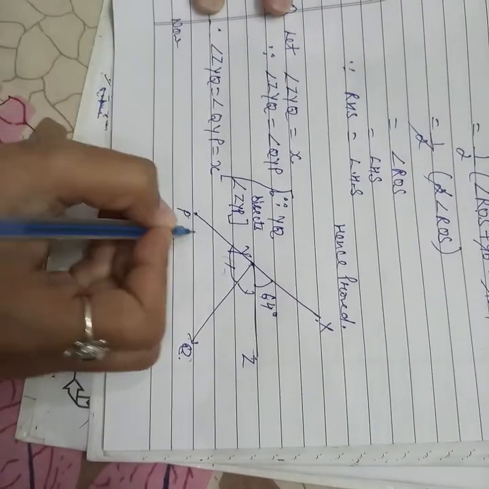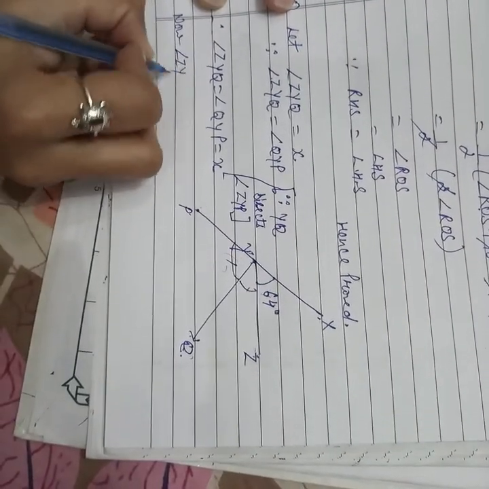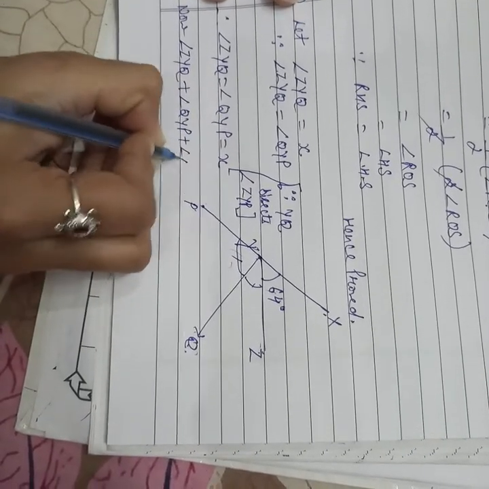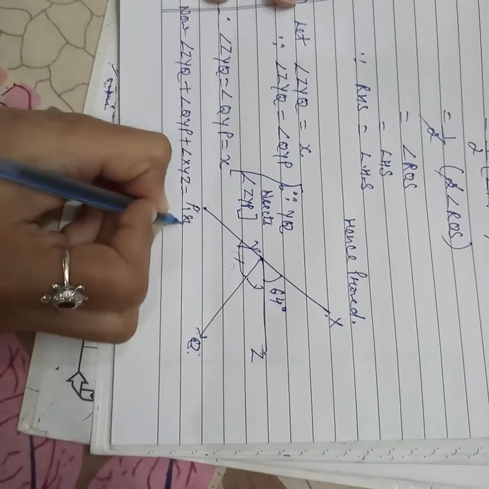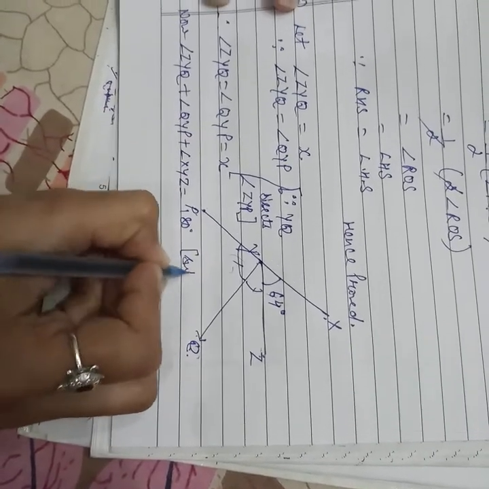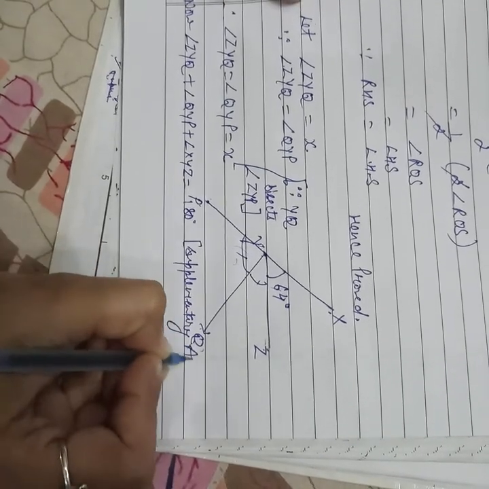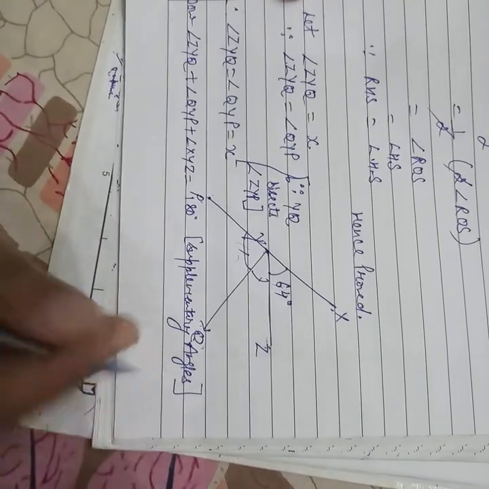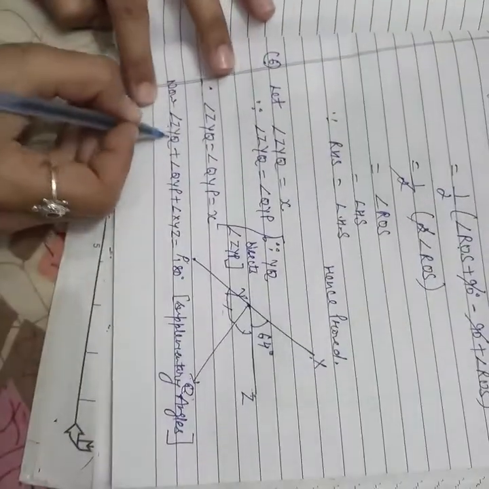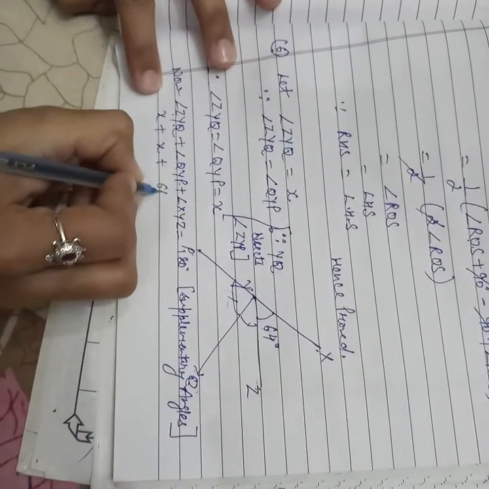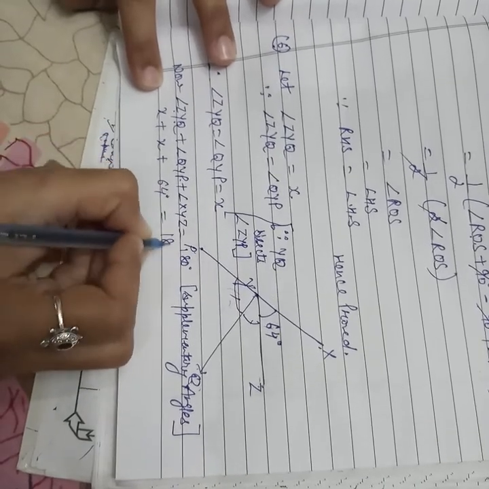Now the sum of these angles, that is ZYQ plus QYP plus XYZ, equals 180 degrees by supplementary angles. Now ZYQ is x, QYP is also x, XYZ is 64 degrees, which equals 180.